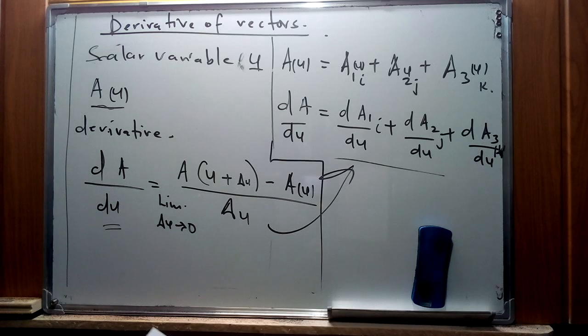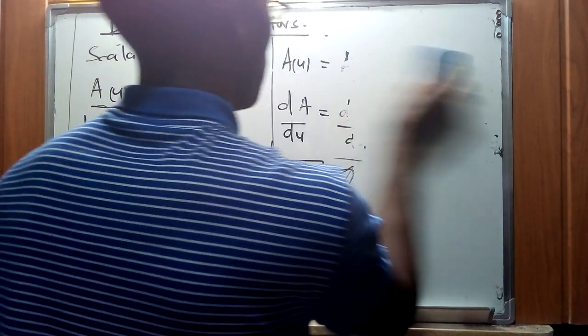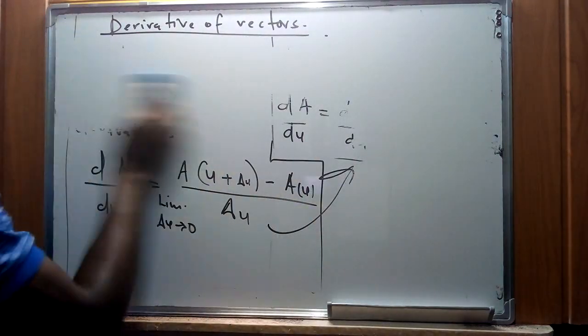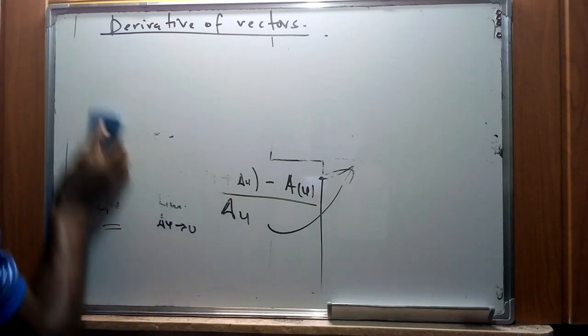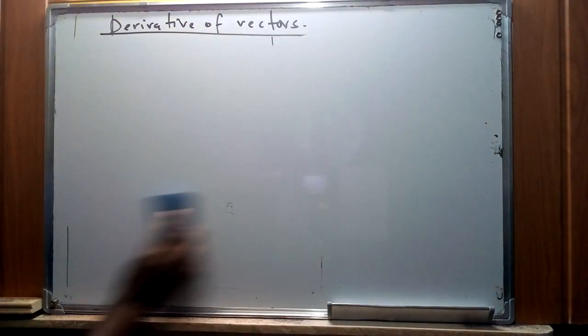So we're going to use an example in order to try and figure out how we can find this specific derivative of vectors. But before we do that, we're going to have a general representation for some of the vectors that we may come across. And in any case, of course, there's a different notation that we can use for representing this derivative of vectors, or generally a derivative, and we're shortly going to look into that.